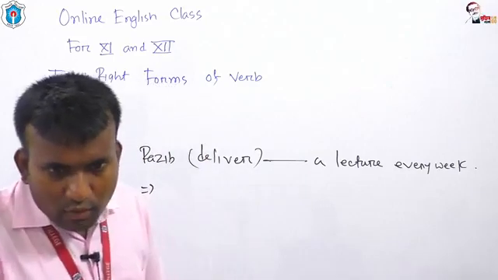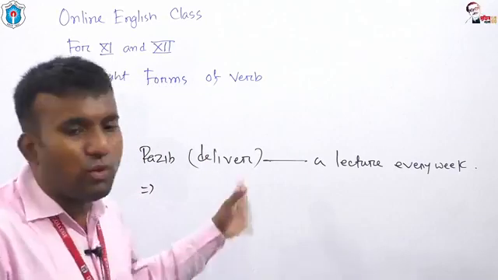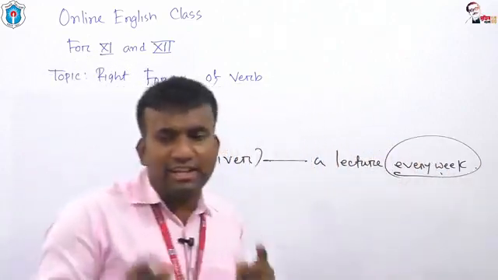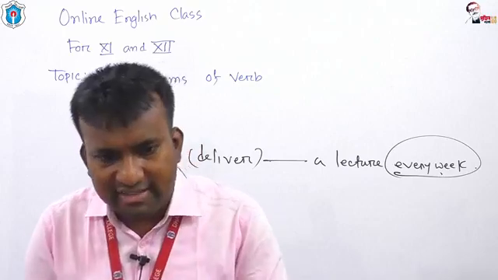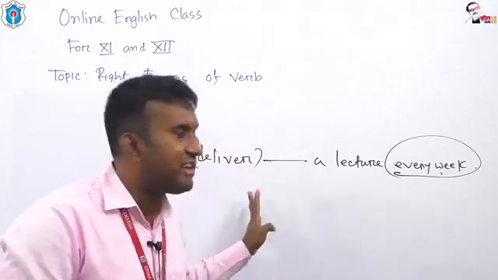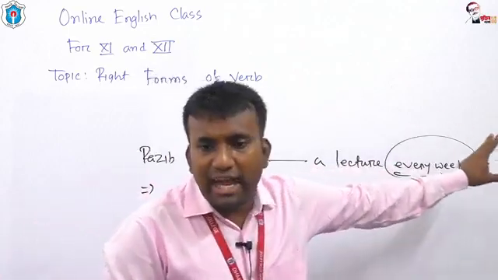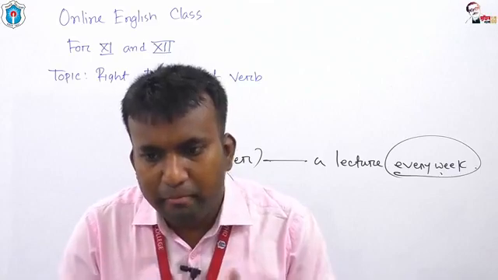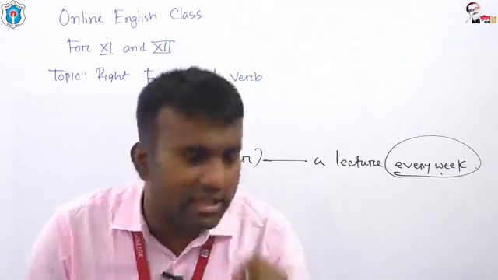According to Rudra, it delivers. Why delivers? Look at, every week is such an adverbial phrase that takes present indefinite tense. That is, this adverbial phrase makes us take present indefinite tense. And there is another thing.